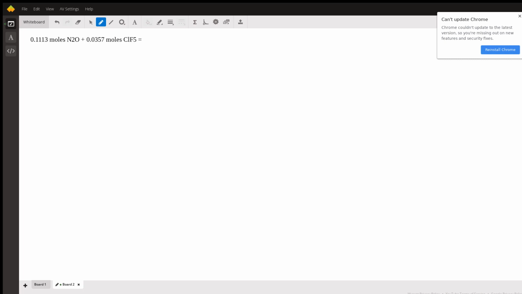The total number of moles in the mixture is simply the sum of the moles of each gas, which is 0.1113 plus 0.0357, so 0.147 moles in total.